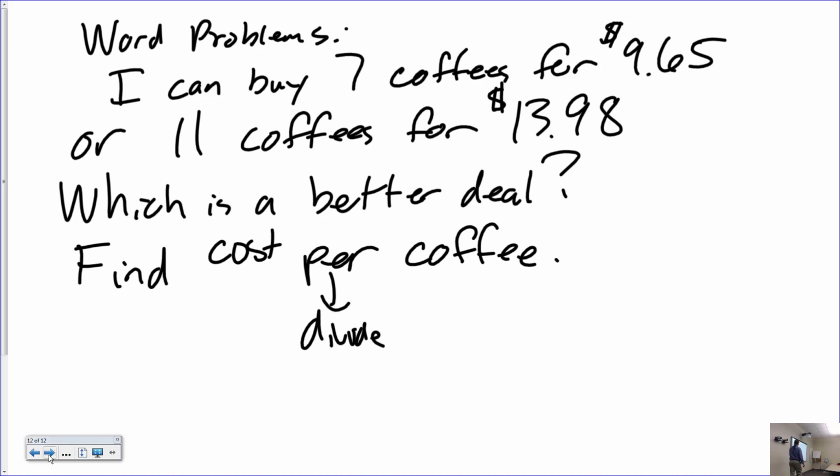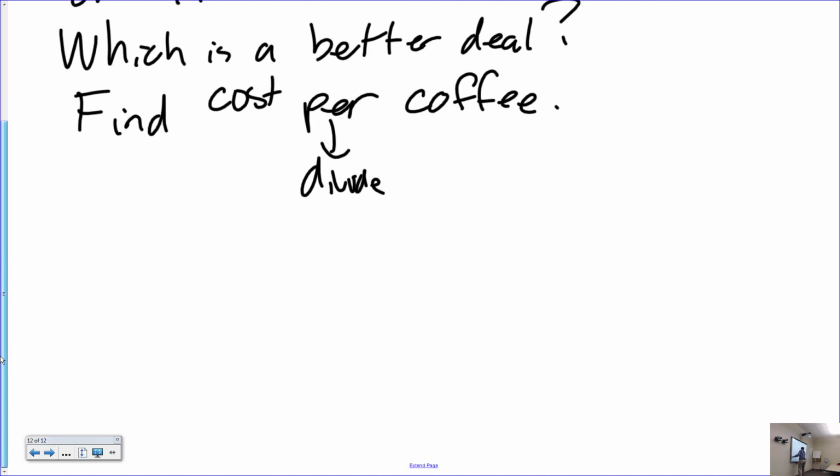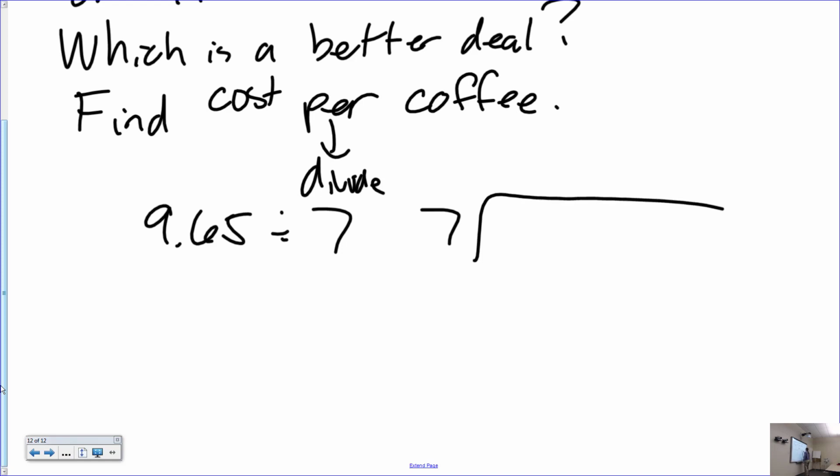So you're going to take the money divided by 7, right? 9.65 divided by 7. If you had to do this by hand, seven divided into 9.65. 7's a nice whole number.